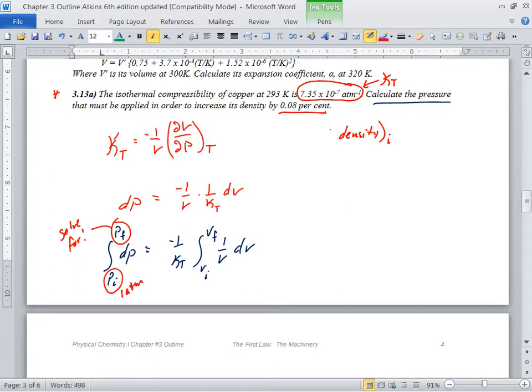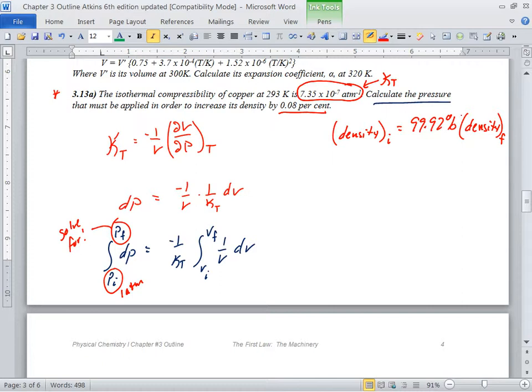Density initial. Let me just give you the answer. See if you can see how I did it. Does this make sense? That I subtracted that 0.08% from 100.